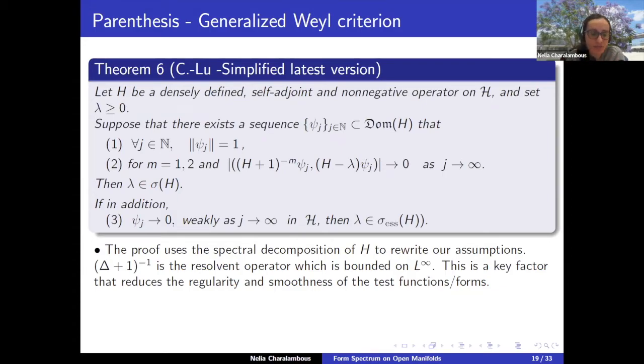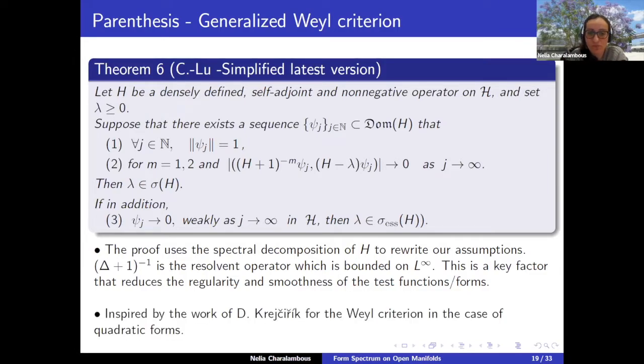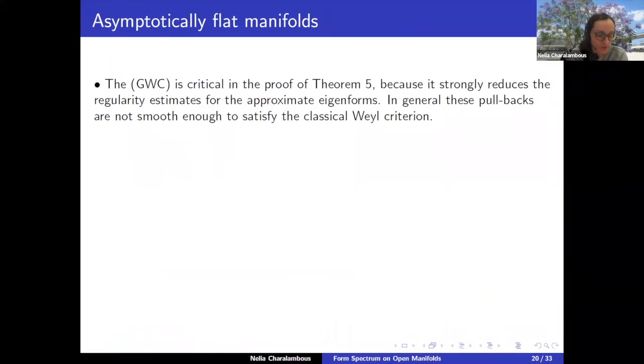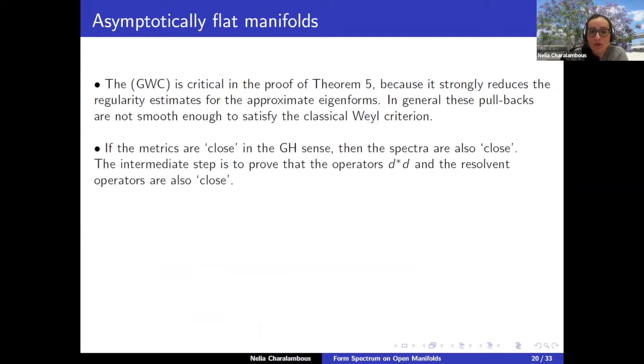So this is the key factor that reduces the regularity and smoothness of the test functions and forms. And it was inspired by the work on quadratic forms due to David Krejčiřík. So this generalized criterion, like I said, is an important one because it allowed us to reduce the regularity estimates for these approximate test functions.